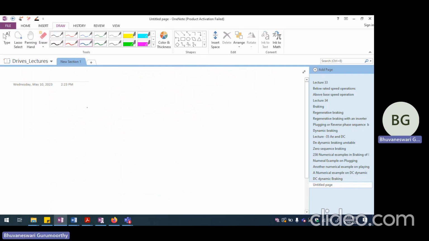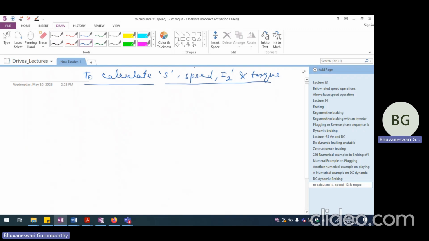So we said that to calculate S, speed, I2 dash and torque. So how are we going to do that? That's what we are going to see.